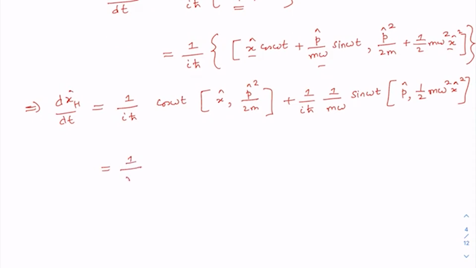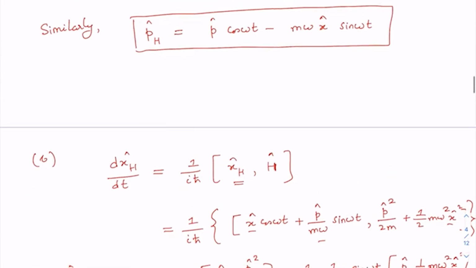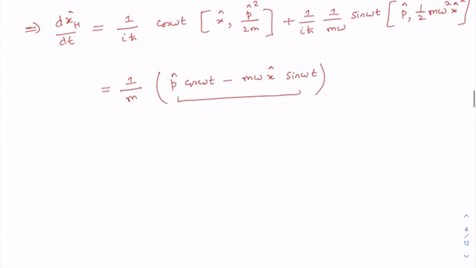You will finally get 1 by m. Please do the steps yourself. You will get it as p cos omega t minus m omega x cap sine omega t. This is what you are going to get. So by the way, let me put it in this way, bracket. And what this is, we already know, that is nothing but the momentum operator in the Heisenberg picture.